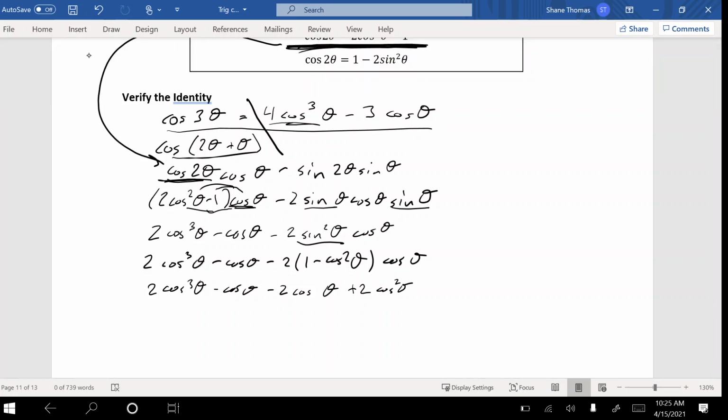I took this negative 2, negative 2 times 1 is negative 2, and then I brought this cosine out with it. I just did that in one step. Okay, almost done.